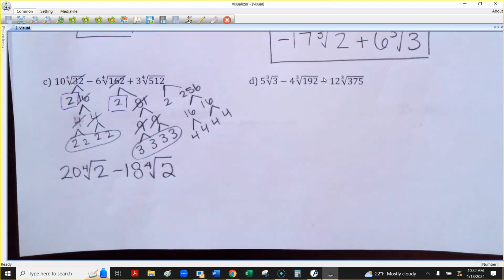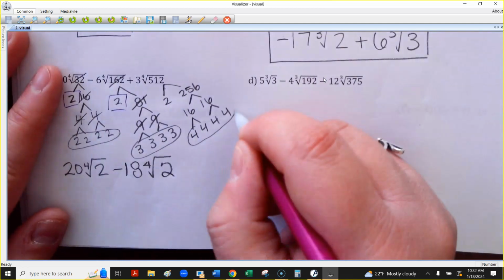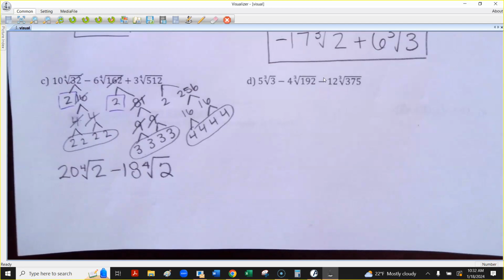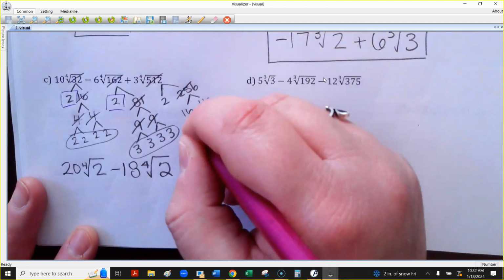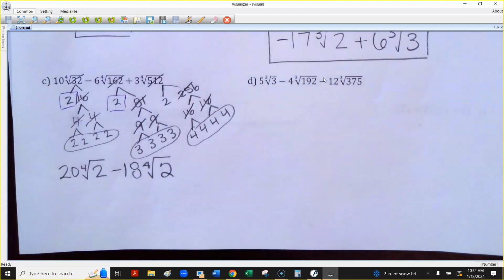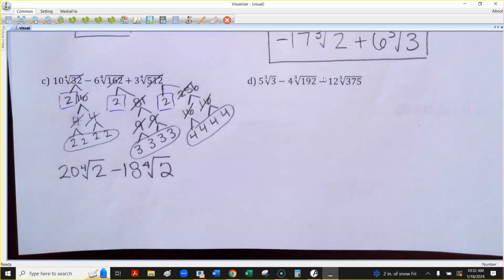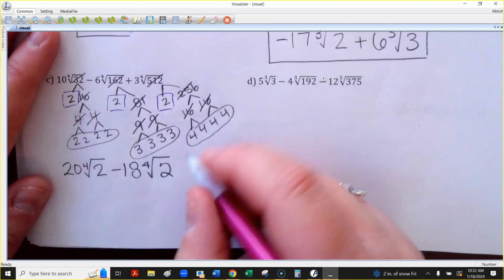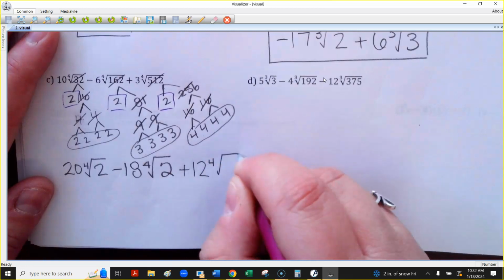So 256 is going to end up giving me a group right there. And don't keep going, like if you have a group of 4, don't keep going like 2, 2, 2, 2. That just makes it harder. If you have a group of 4, just stop. So I have a group of 4 4s. Now we broke the 512, the 256, and then the 2 different 16s there. So again, this one had an extra 2 that's going to stay underneath. So 3 times 4 out in front is going to be 12 4th roots of 2.